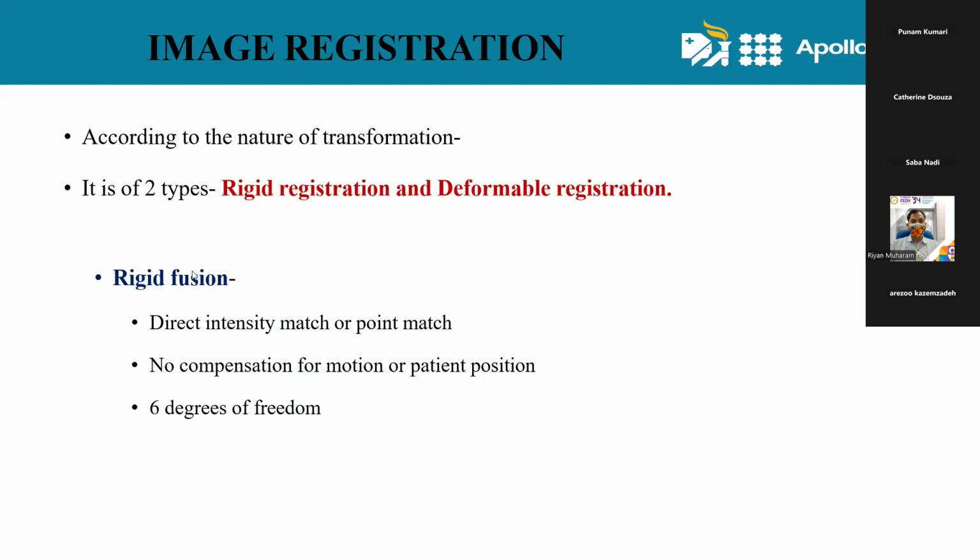Rigid registration uses direct intensity match and point-match-based fusion, with no compensation for motion or patient position. It has 6 degrees of freedom. This registration works extremely well for bony structures such as the skull, pelvis, and spine, because bone maintains its shape throughout the treatment. Since the skull doesn't deform, rigid registration provides excellent alignment.